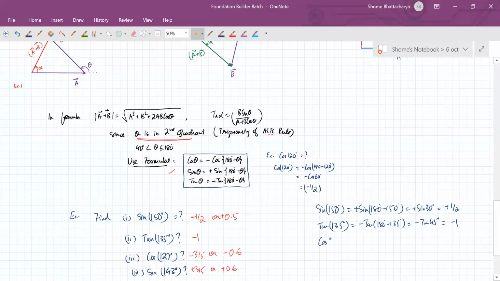Similarly, cos 127 will be, by the formula, negative of cos of 180 minus theta, so that is minus cos 53. And cos 53 we had seen last time, that special case: cos 53 is 3 by 5. So this becomes minus 3 by 5. And similarly the last one, it's that 37 degree case.